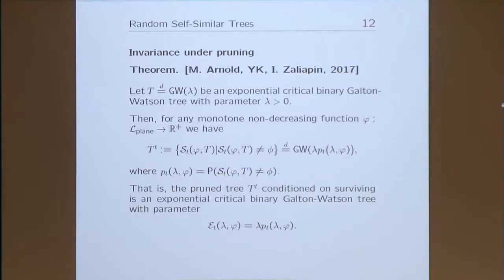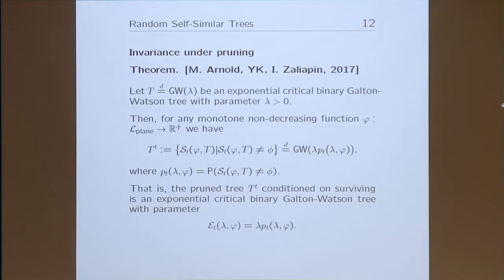That theorem says, take any increasing function phi and the pruning operator that comes with it, and look at the tree that you obtain by randomly selecting a tree T according to critical binary Galton-Watson, so probability 1/2 for branching.